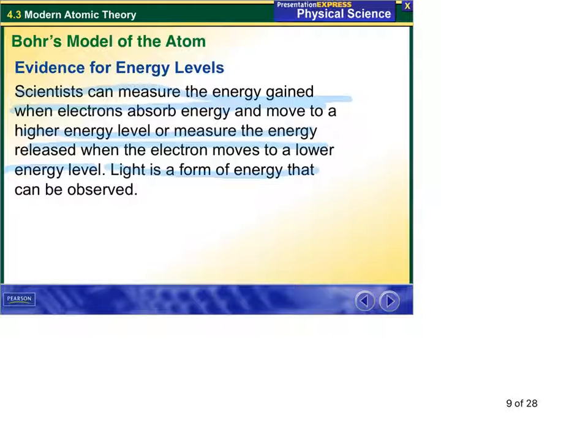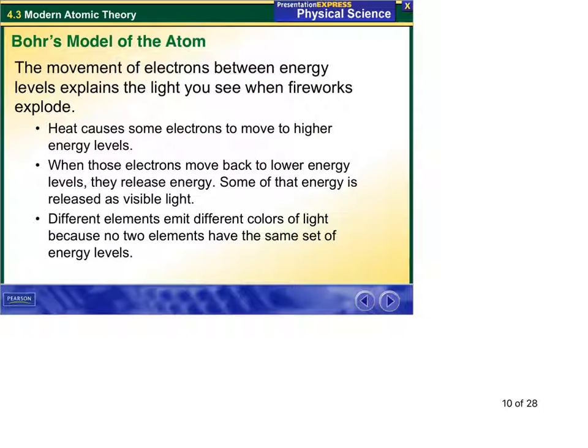Light is a form of energy that can be observed, so we can see the light emitted. And that's what makes the colors in fireworks. The movement of electrons explains what you see when fireworks explode.